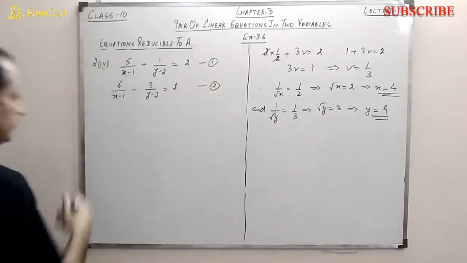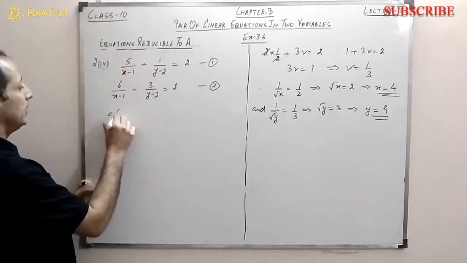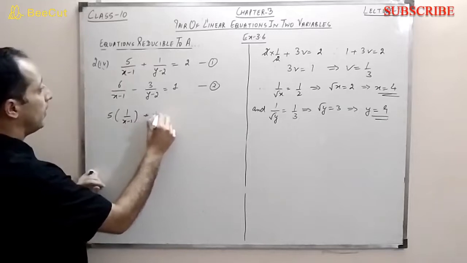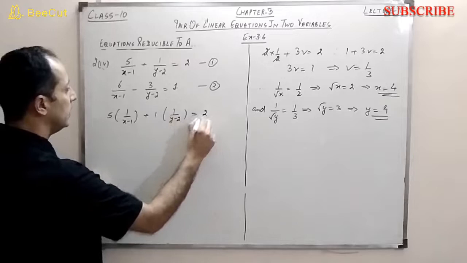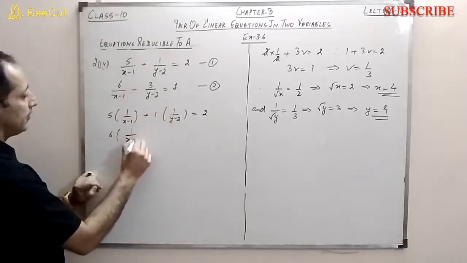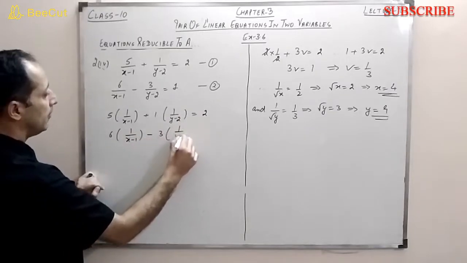Now, the next step is to take this 5 as common and write 5 into 1 upon x minus 1 plus 1 into 1 upon y minus 2 equals 2. And then the second equation can be written as 6 into 1 upon x minus 1 minus 3 into 1 upon y minus 2.